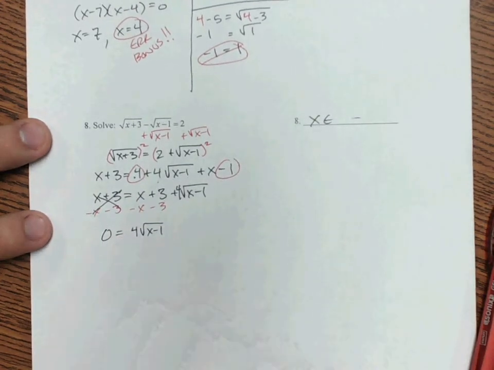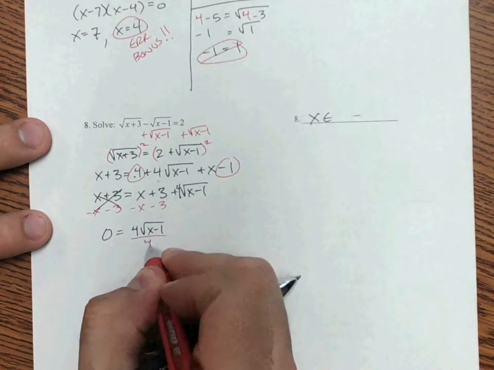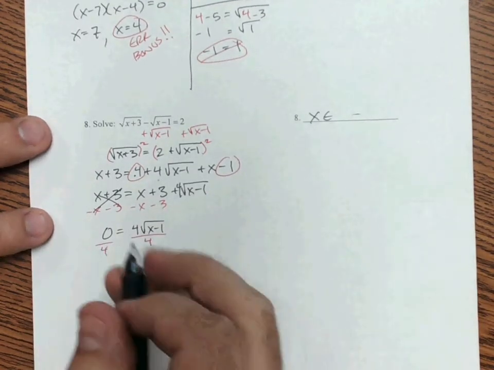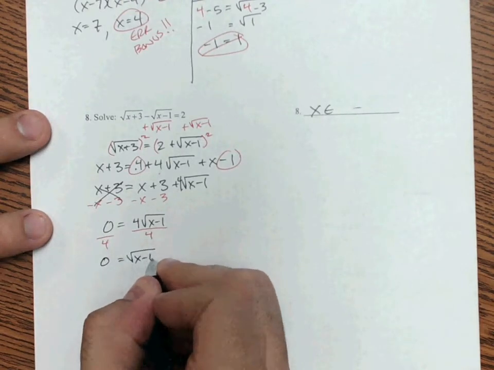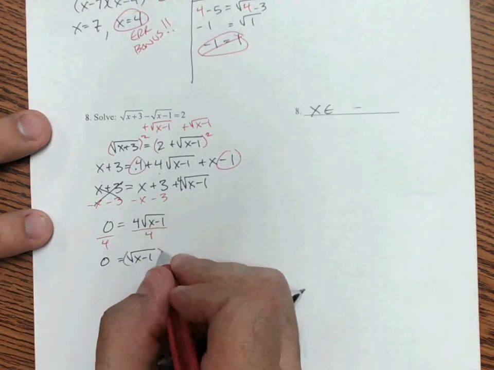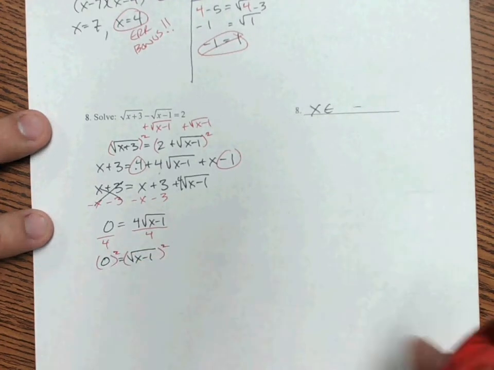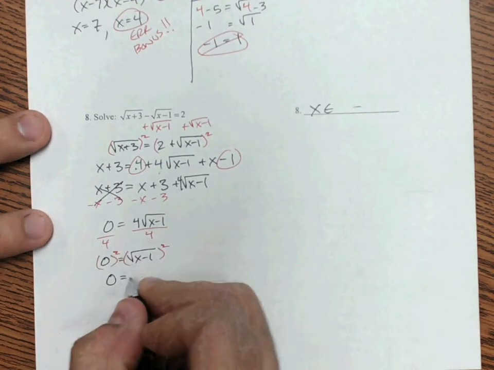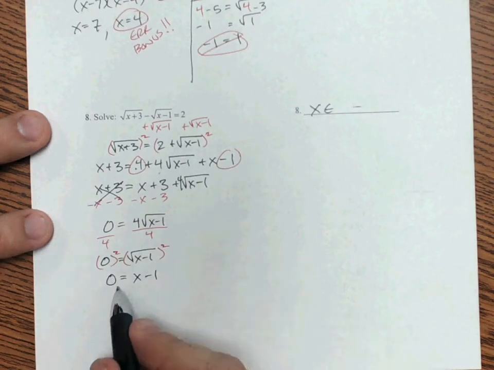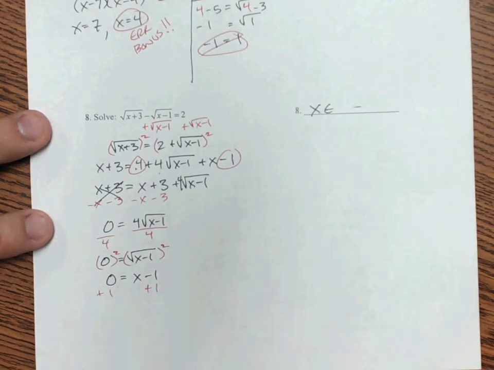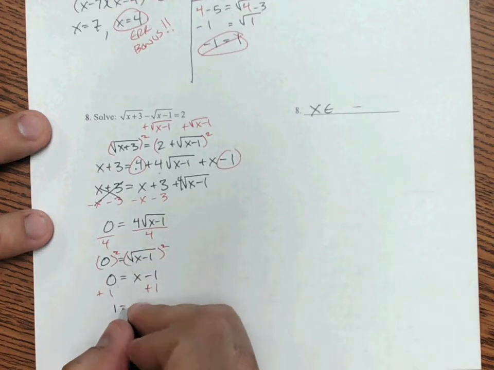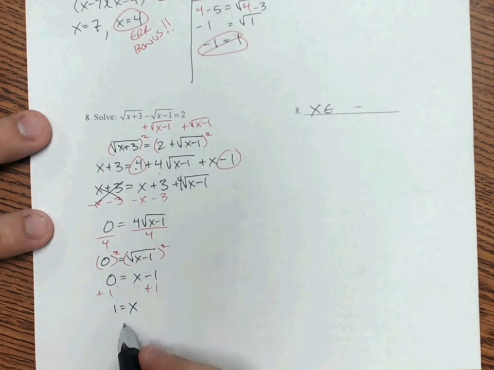Now, to solve this, I need to divide both sides by 4. 0 divided by 4 is still 0, which gives me radical x minus 1. I am then going to square both sides. Guess what? 0 squared is also 0. 0 equals x minus 1, so I would add 1 to both sides, and I'm going to get 1 equals x. This is my possible solution.